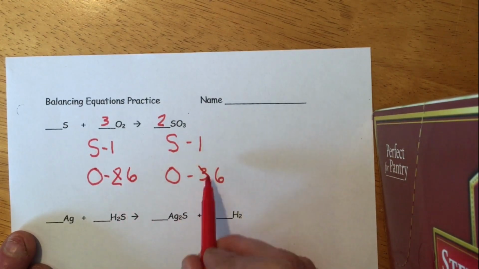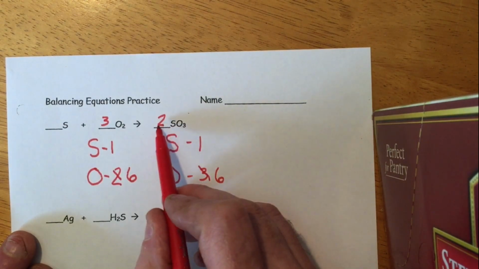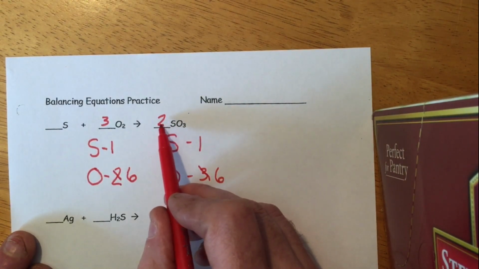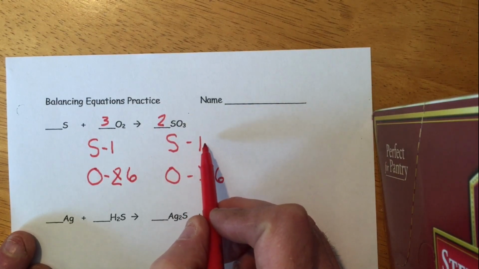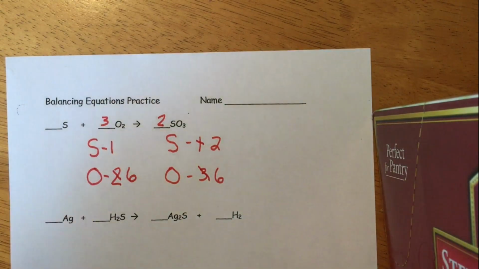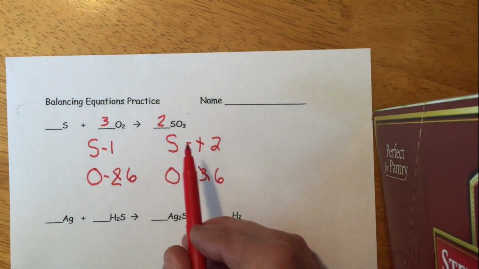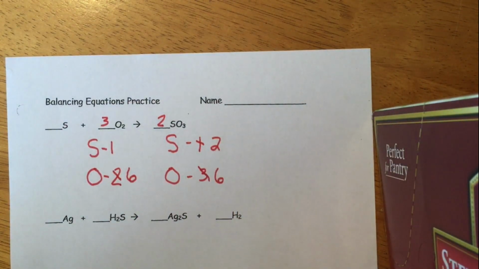Now we're balanced with the oxygens, but I hope you're seeing this. Because I put the coefficient of 2, the 2 applies to the sulfur as well. So we have to change that 1 to a 2. So in the process of balancing the oxygens, we have sort of accidentally unbalanced the sulfurs.